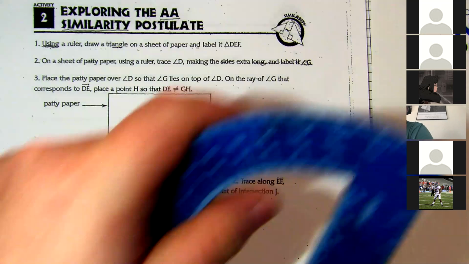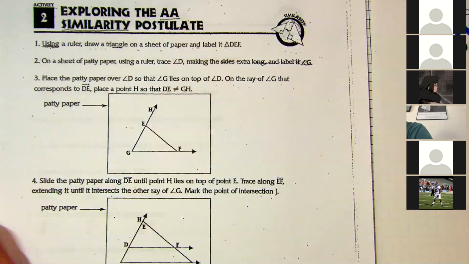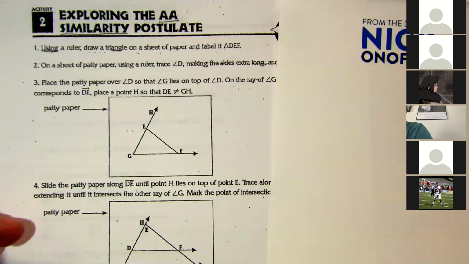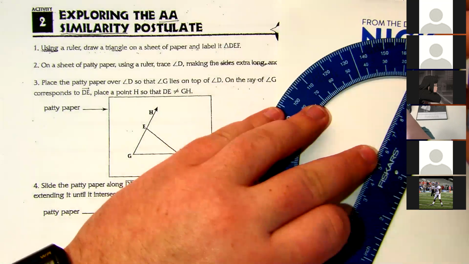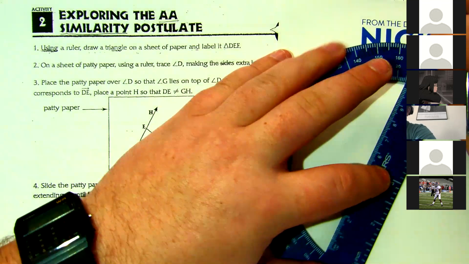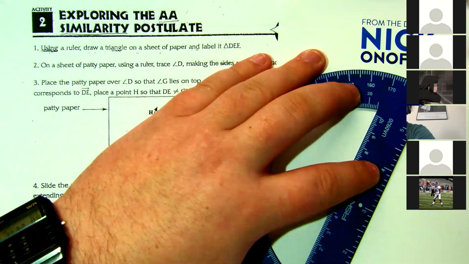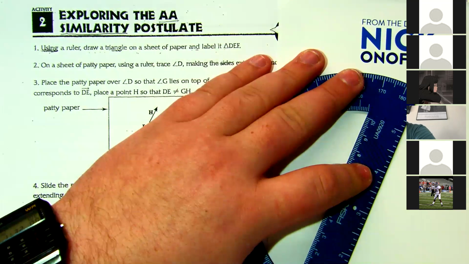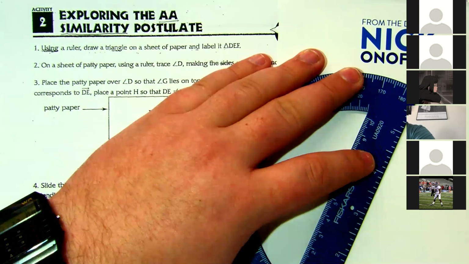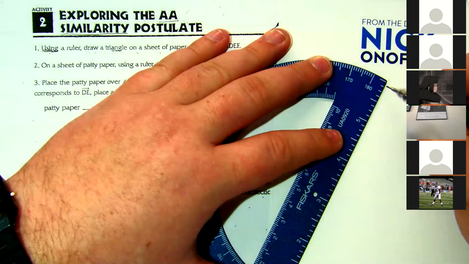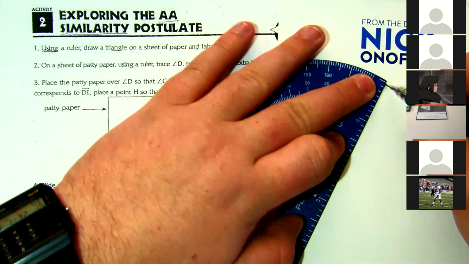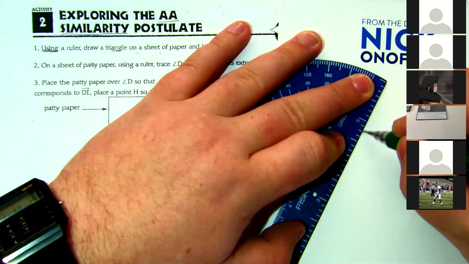Thank you, everyone. All right, so our first step is we're going to take a ruler and draw a triangle on a sheet of paper. You all should have them right next to your page on 203. That should be blank for a reason. And then we are going to label this triangle DEF. We don't really care what this triangle looks like.